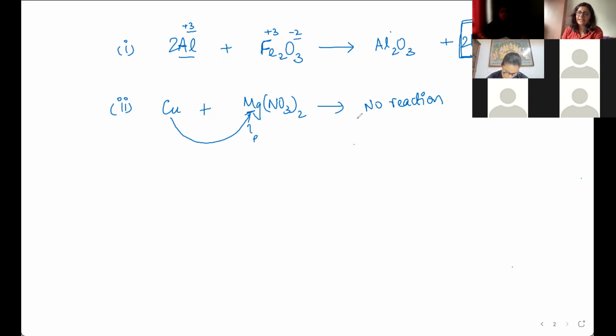In single displacement reactions, whatever element you take here needs to be more reactive than this particular thing. If you take the anion, then that anion needs to be more reactive, but those cases are fewer. Okay. Now copper is not more reactive than magnesium. Copper likes to stay by itself. Magnesium being reactive likes to stay in ionic form. So this is not going to end up in any reaction. It will stay as it is.